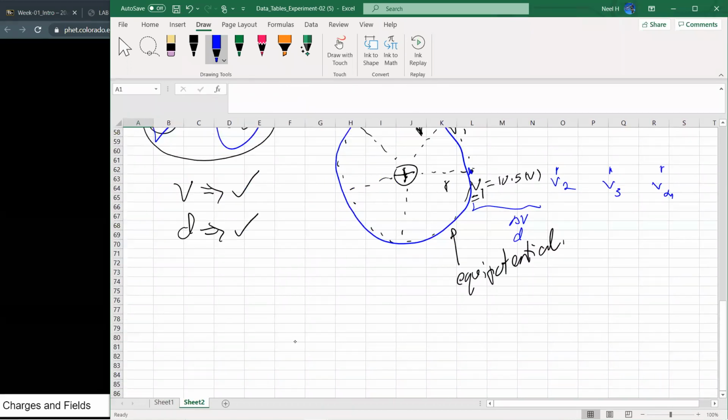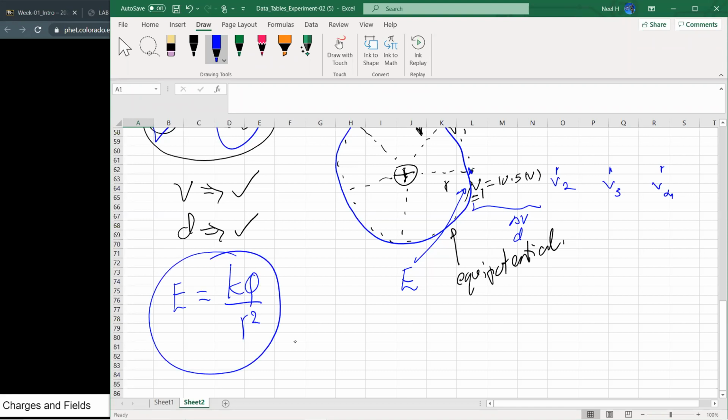The electric field around a charge particle should be kq over r to the power 2. From this equation, by knowing E, R and K, I can calculate the Q. Q is going to be E times R to the power 2 divided by K.